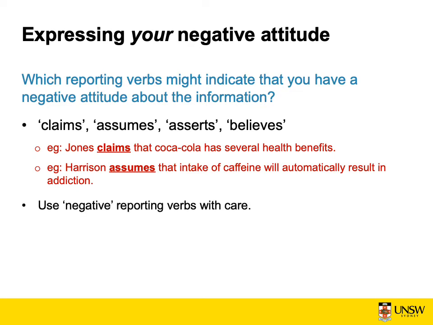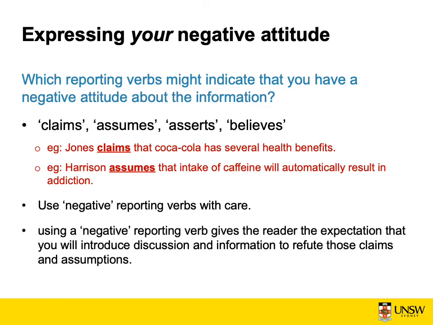I'd recommend using negative reporting verbs with care, and being very careful not to overuse them, but making sure it's really clear that you want to show your negative attitude toward that information, and not a more neutral position, which is more common to use.